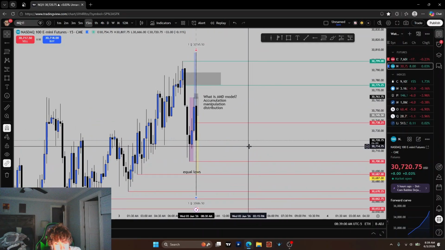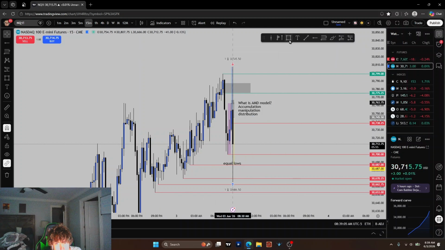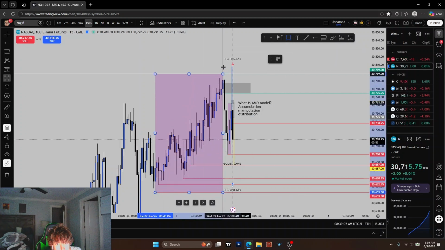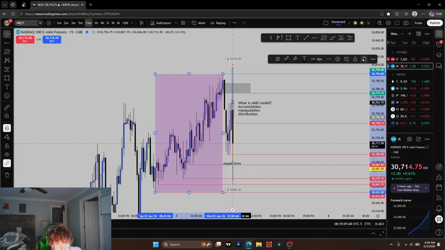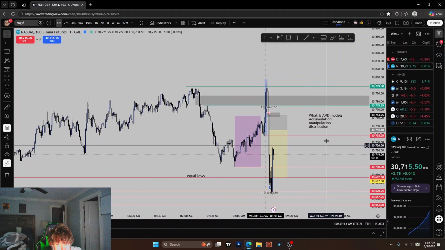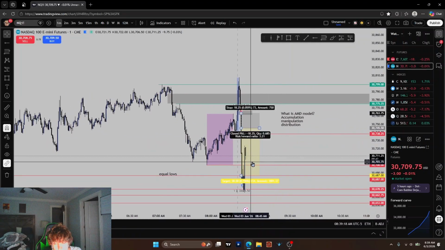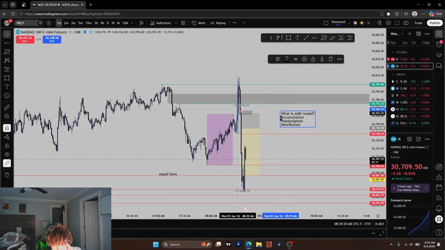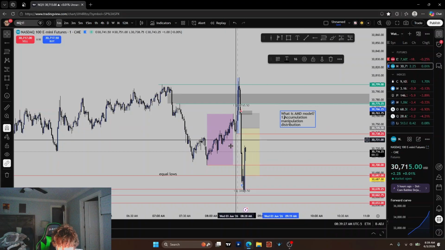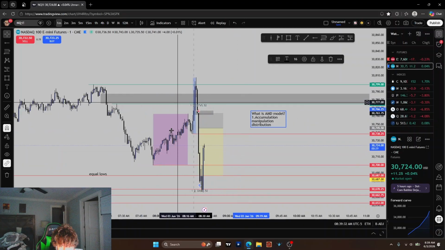But essentially what the market's doing is, even on the high time frame here, we are accumulating all of this liquidity. We're engineering liquidity, which is what number one is, accumulation. Next up, let me mark it up a little. And even on the low time frame here, we are accumulating this liquidity right here for price to be swept.